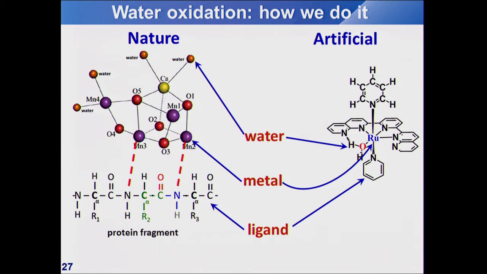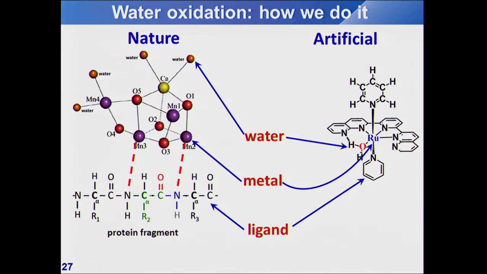They also both have these organic frameworks. In nature, these are proteins, and this is a very small fragment of a protein. It has carbons, hydrogens, oxygens, and nitrogens. We also have similar fragments, having similar atoms inside, and we usually call these fragments a ligand.